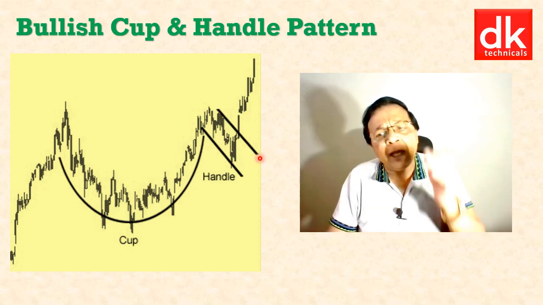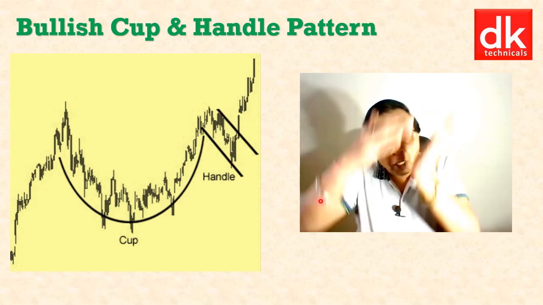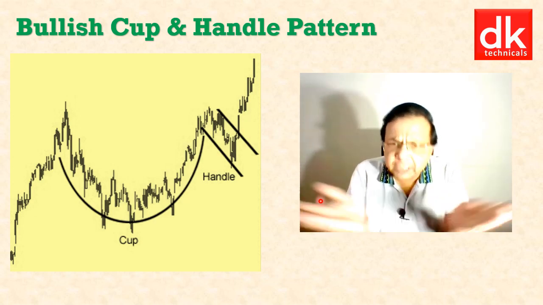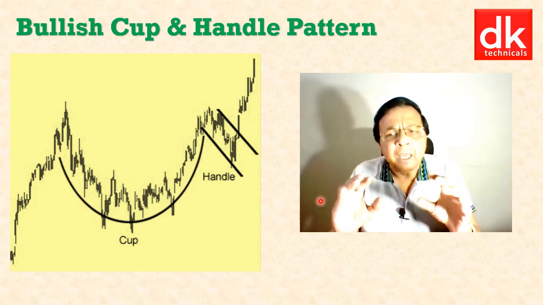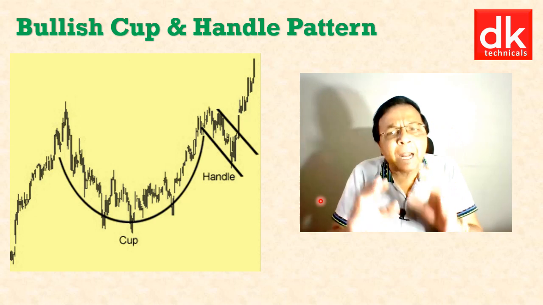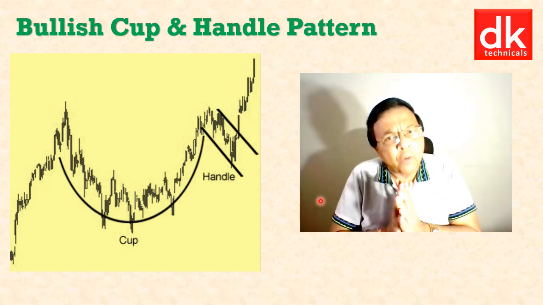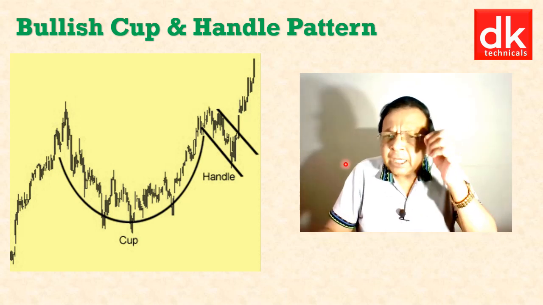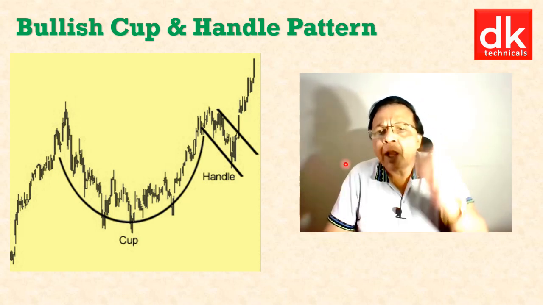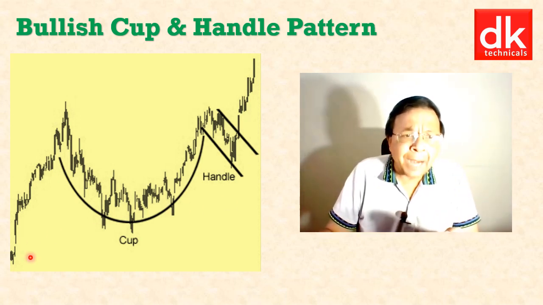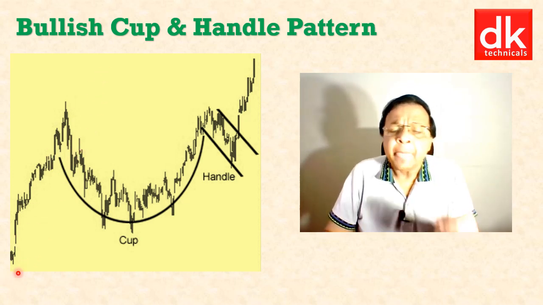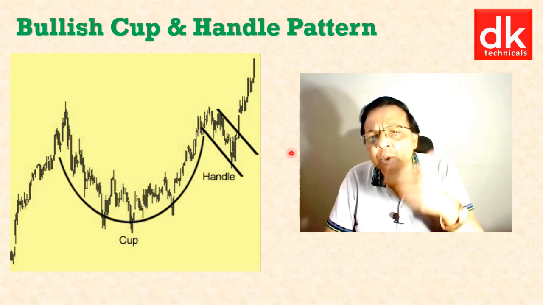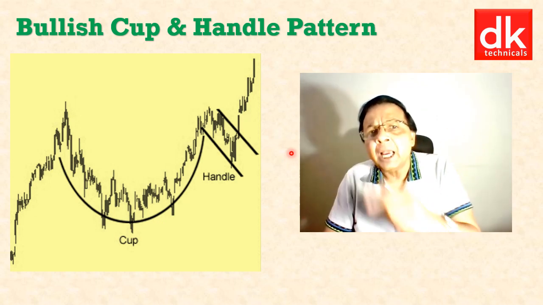Then there will be a shallow retracement or a drifting effect, or it could be a horizontal consolidation, which is the handle part of the cup and handle chart formation. Then there will be a breakout of this handle portion, which is defined as the breakout of the cup and handle. So the prior trend has to be a bullish trend when we are talking about the continuation chart pattern, that is, the bullish cup and handle pattern.